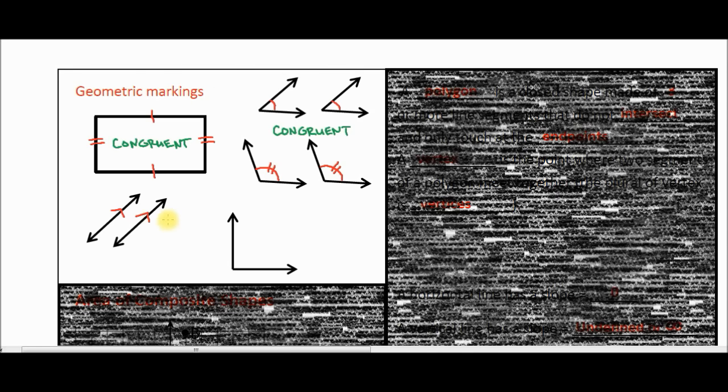If you had a diagram with multiple lines, and some of them are parallel in one direction and some are parallel in the opposite direction, you could mark the two parallel lines in this direction with a single arrow, and the lines going the other direction with double arrows. You can do double, triple, quadruple, just like you would mark side lengths or segment lengths as congruent. So these markings are telling us that these lines are parallel. I'm going to spell that wrong. Let's try it again. Parallel.